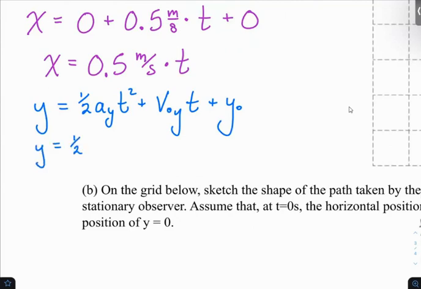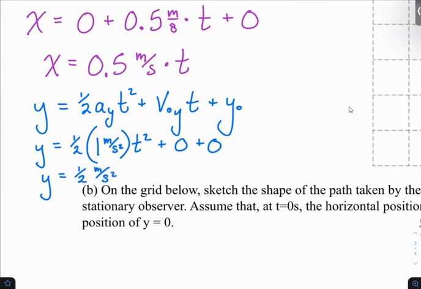Where it is in the y direction is equal to 1/2 times my acceleration, 1 meter per second squared, times time squared, plus my starting velocity in the y, which was 0, so 0 times time is 0. My starting position in the y direction was 0. So y is equal to 1/2 times 1, which is 1/2, in meters per second squared, times time squared.